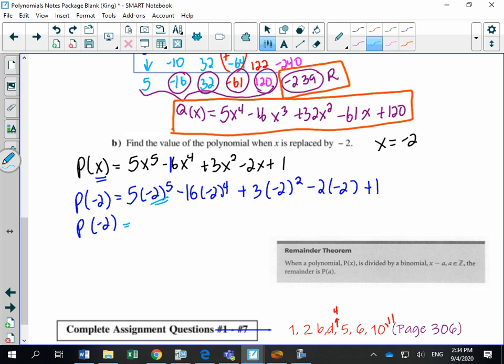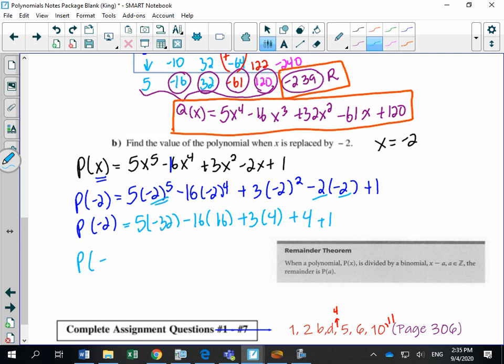So what I would have there is 5 times -32, minus 6 times 16, since -2 to the 4 gives you 16. Plus 3 times 4, since -2 squared gives you 4. Plus 4, because a negative and a negative give you a positive, plus 1. From here, you could punch that into your calculator.